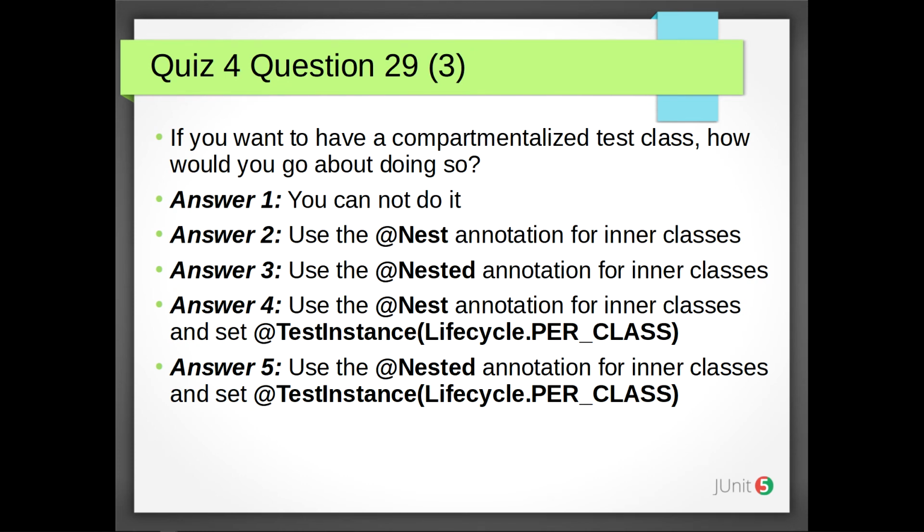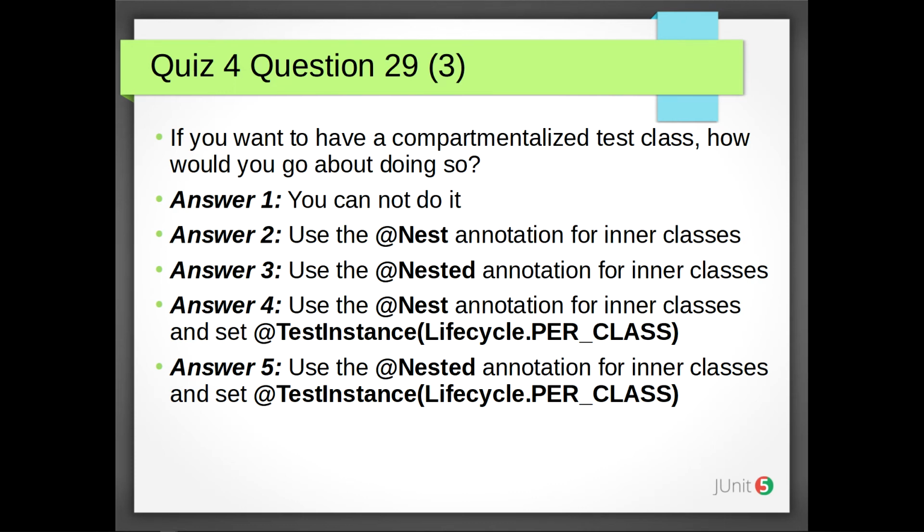Quiz 4, question 29. If you want to have a compartmentalized test class, how would you go about doing so? Answer 1. You cannot do it. Answer 2. Use the @Nest annotation for inner classes. Answer 3. Use the @Nested annotation for inner classes. Answer 4.